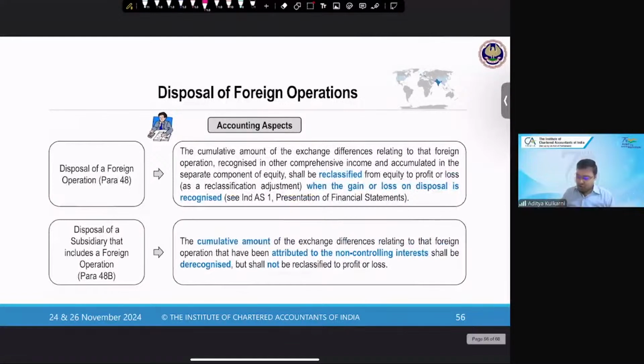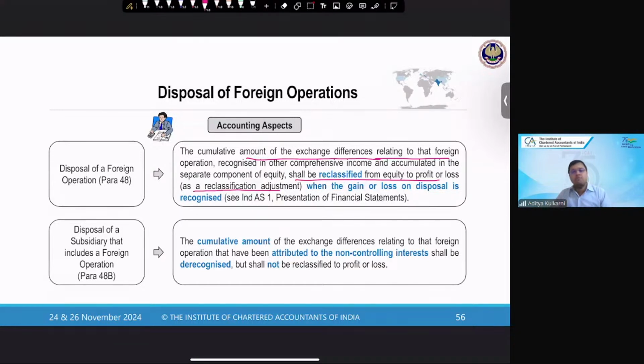Okay, all right. The only thing you have to remember is any balance that relates to the cumulative amount of exchange differences shall be reclassified from equity to profit or loss. This I told you. Because now the FCTR is no longer a paper reserve. Now you have actually realized it.